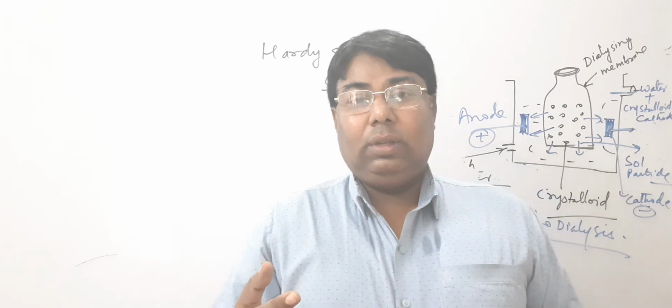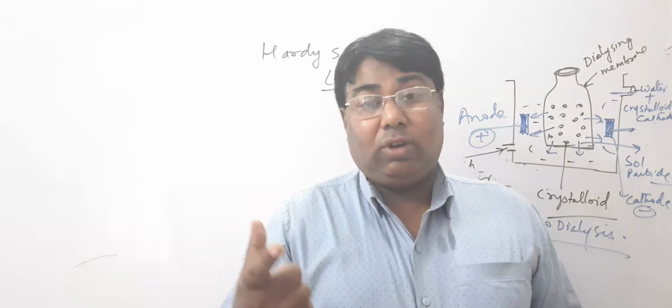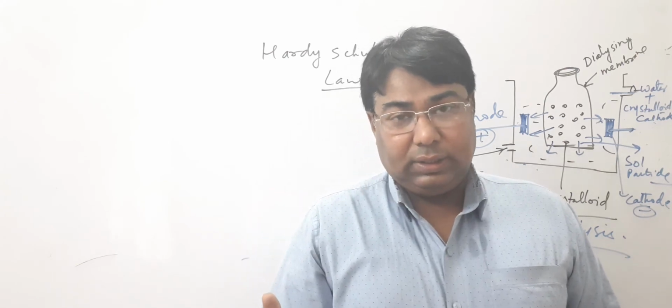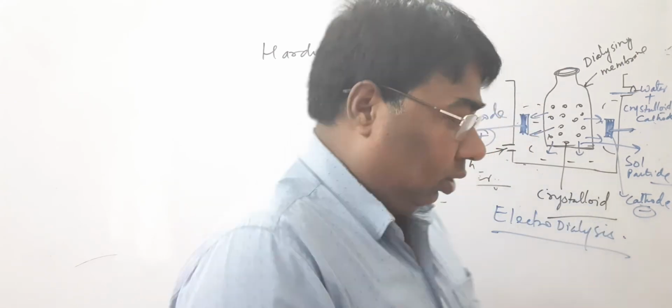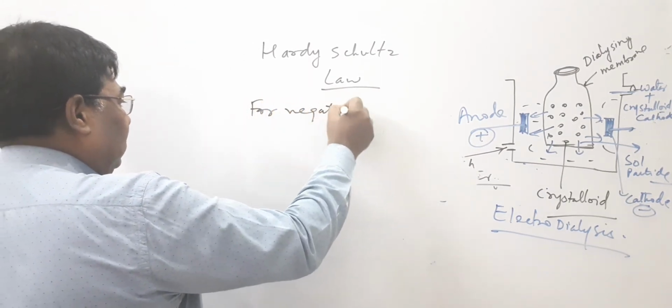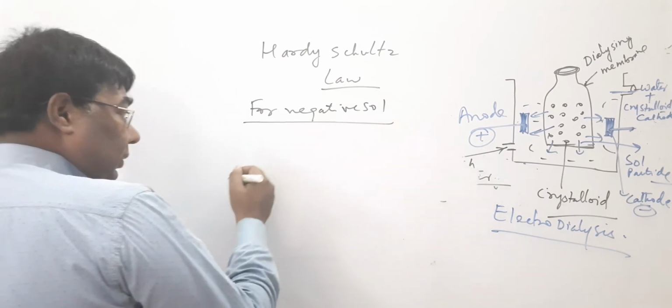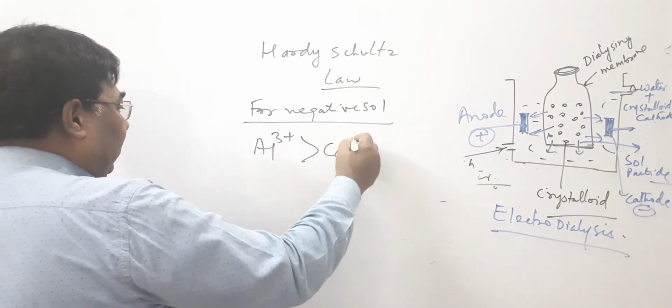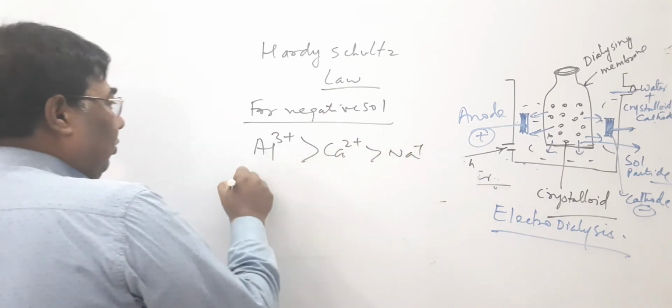So for negative sol, the power of coagulation is Al3+ > Ca2+ > Na+.